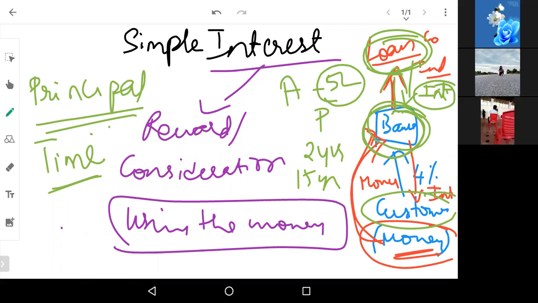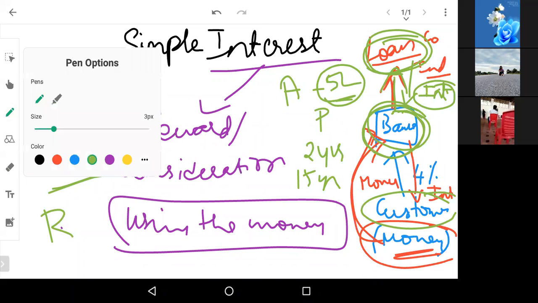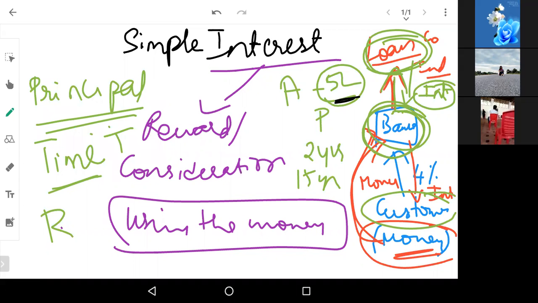Then R. Because you are using the money, this 5 lakhs I cannot simply give you. While you're giving back the money, you should also pay me some extra amount for using this 5 lakhs. So what is that money you will give me back for using the 5 lakhs?